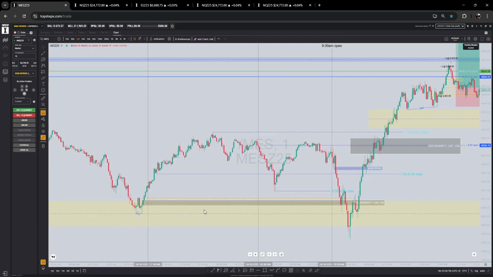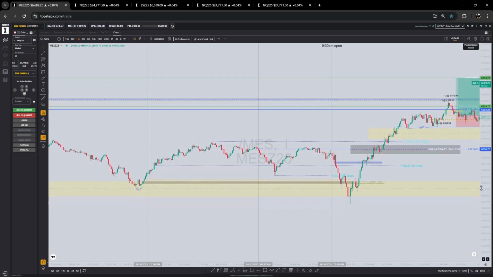For ES, we mark out our lows and our highs between 7 a.m. and 8:30 a.m. Next, we mark out both opens, our 8:30 open and our 12 o'clock midnight open. We have our 8:30 open here, and we had our 12 midnight open way up here.